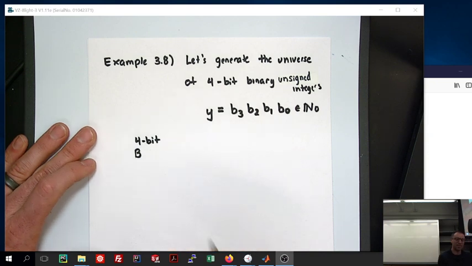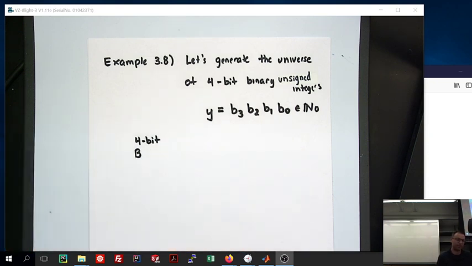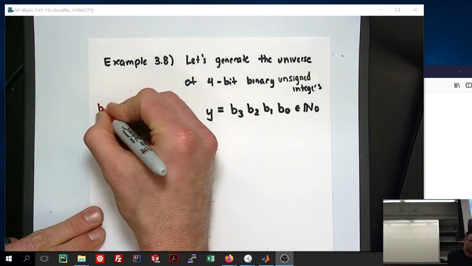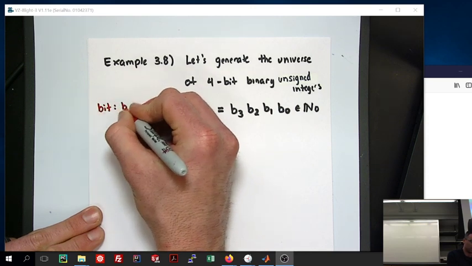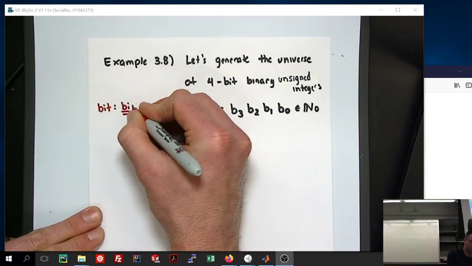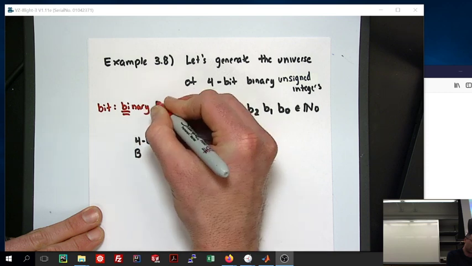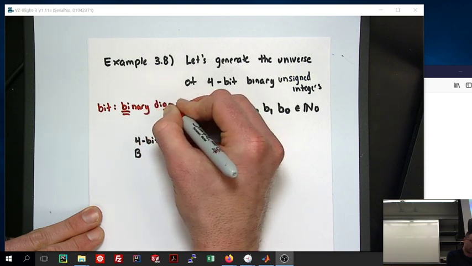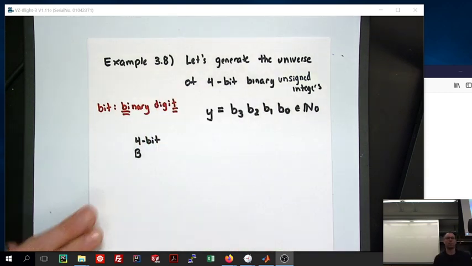Could you guess what bit means? Bit means mathematicians and computer scientists are a bunch of lazy bums.